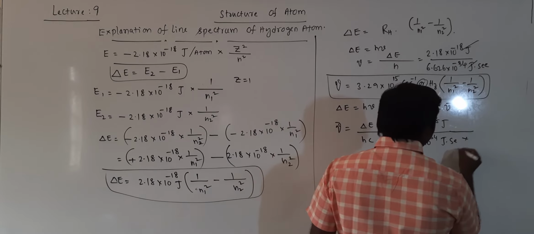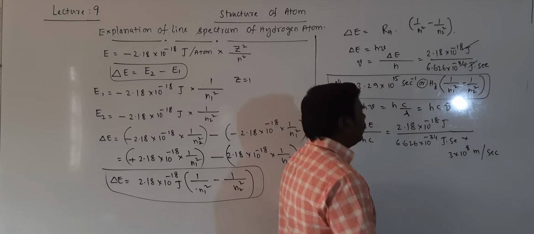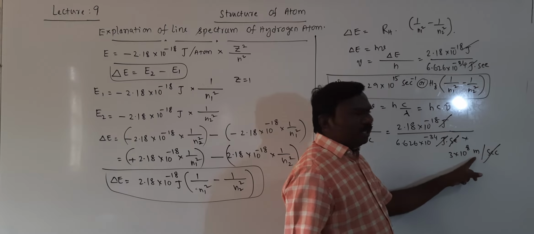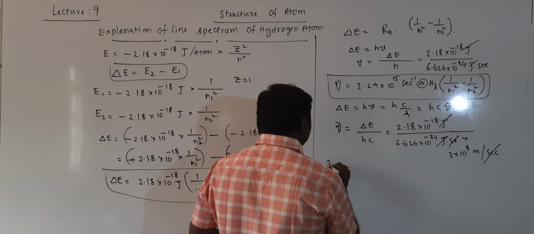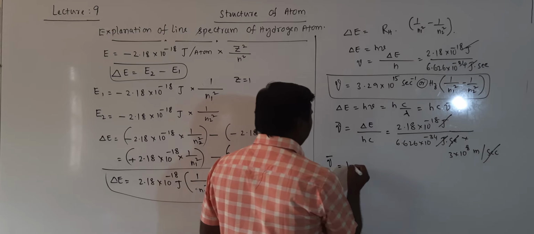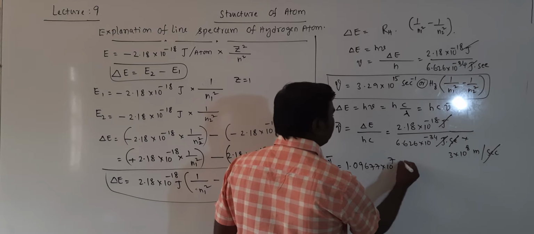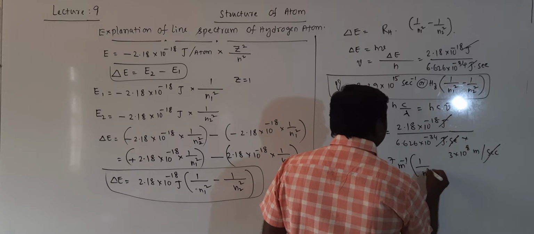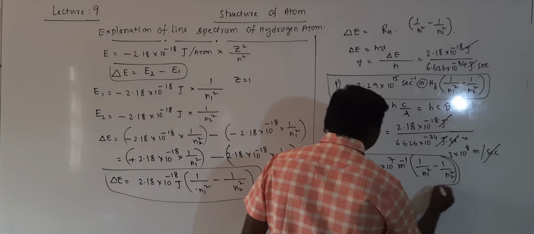Next, the c value is 3 into 10 to the power of 8 meter per second. So joule cancels, second per second cancels, the units are meters shifted to the numerator, meter inverse. By solving this, nu bar, the wave number, is equal to 1.09677 into 10 to the power of 7 meter inverse into 1 by n1 square minus 1 by n2 square. Clear, students?